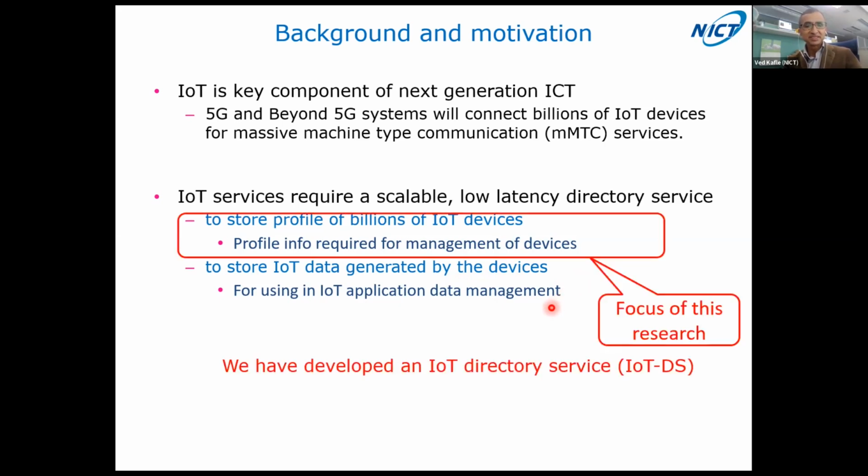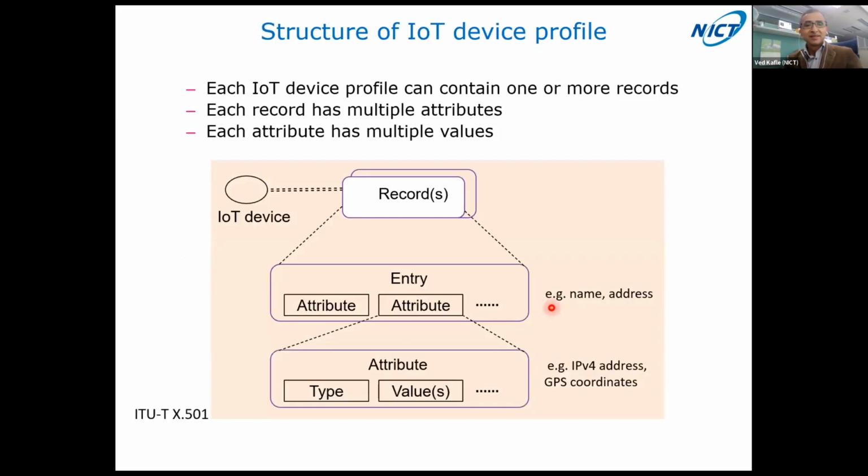And in today's presentation, my focus is to store the profile of billions of IoT devices. In our research, we have assumed that each IoT device would have a number of records, and in each record we have attributes and values.